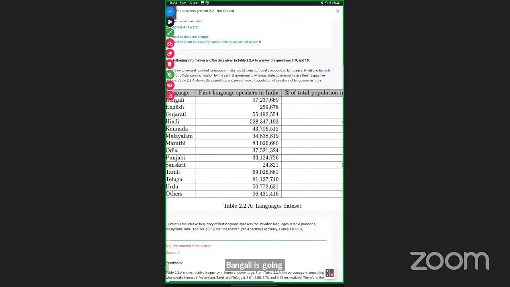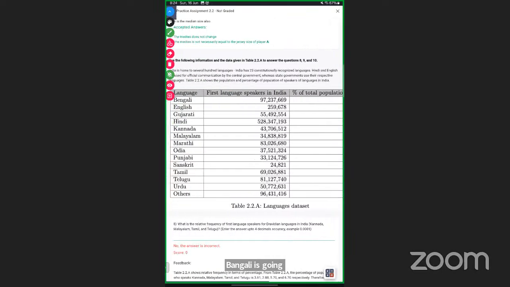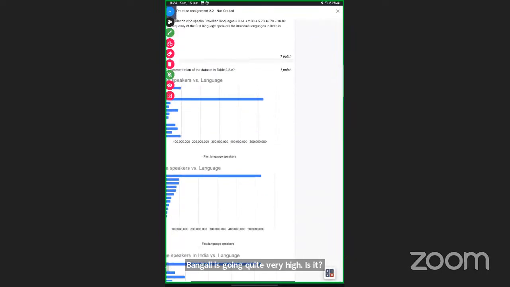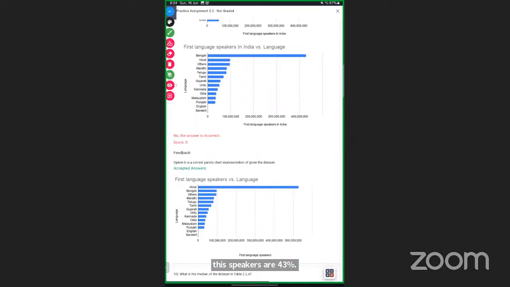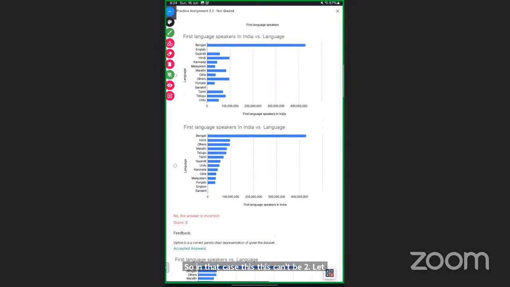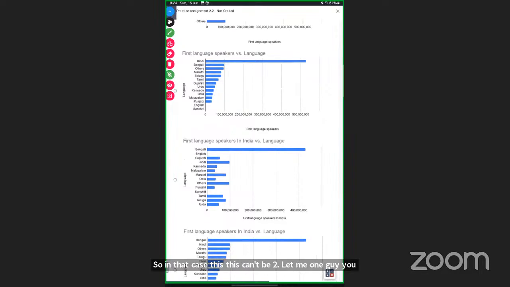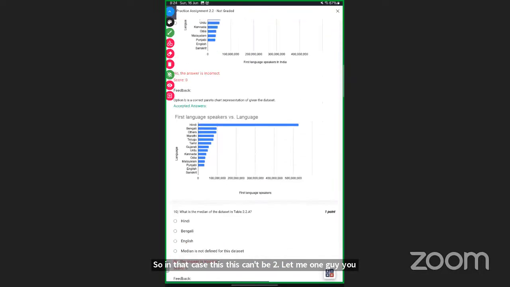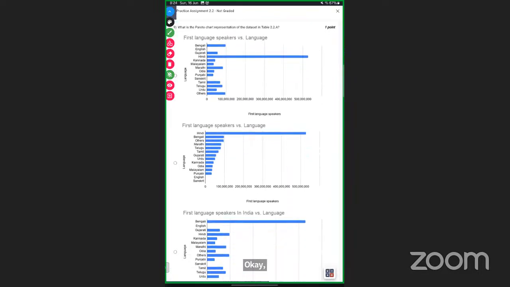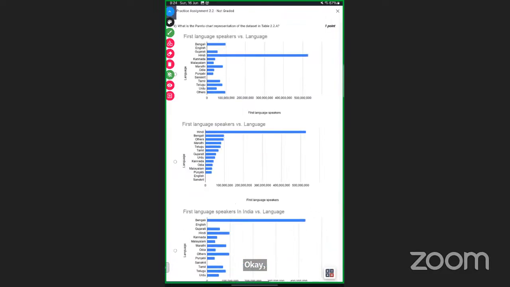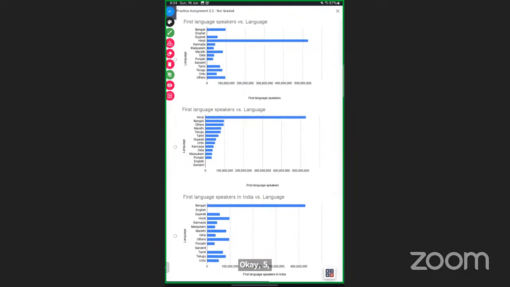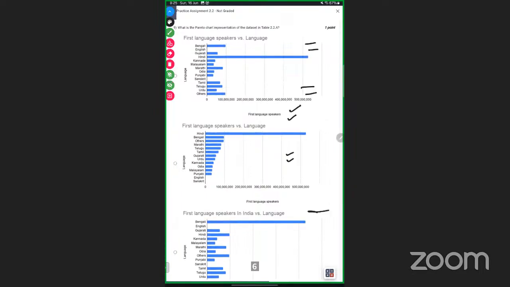Is it true? It's 8%, and these speakers are 43%. So in that case this can't be true. There are many, 5 or 6. So this can't be true. So A and C are out of the picture.